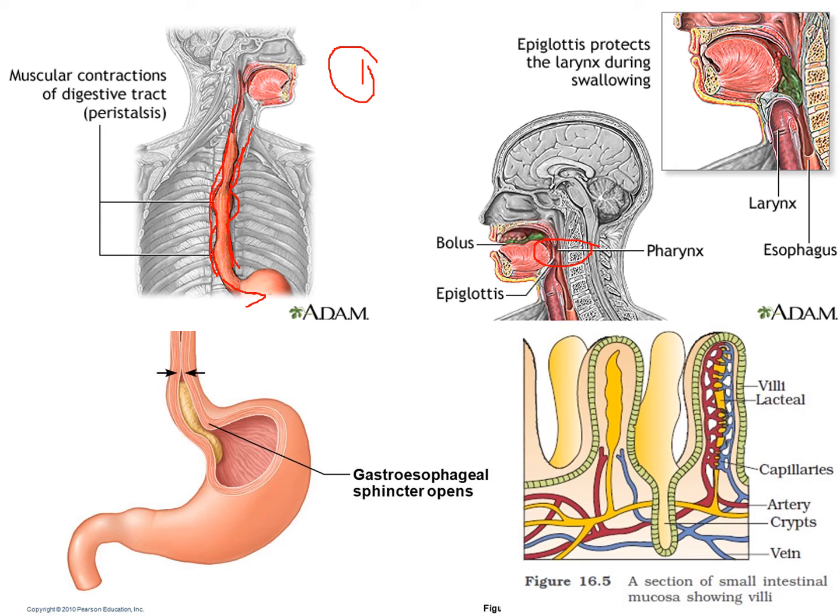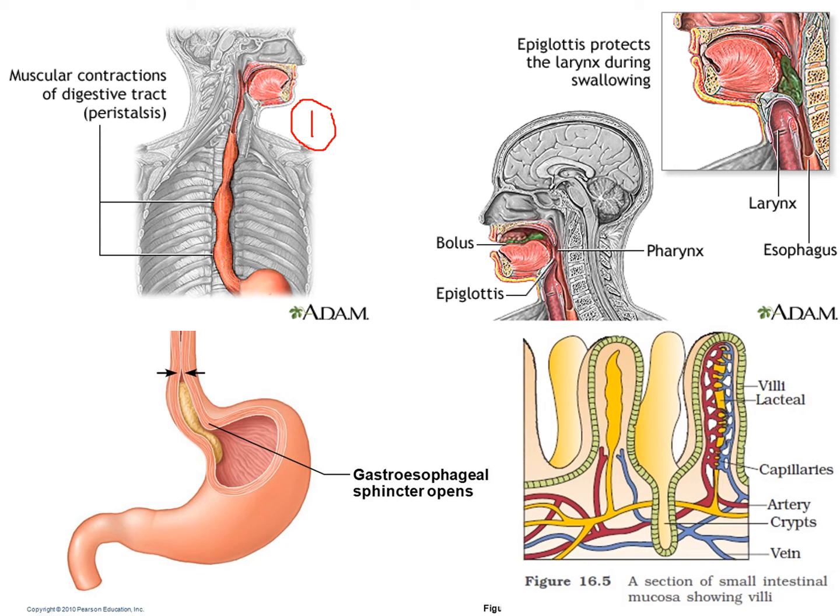Similarly, you have another sphincter muscle over here which is called the pyloric sphincter. Okay, the last figure that you see here is that of the section of intestine.